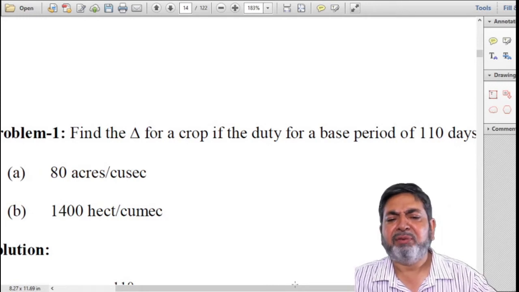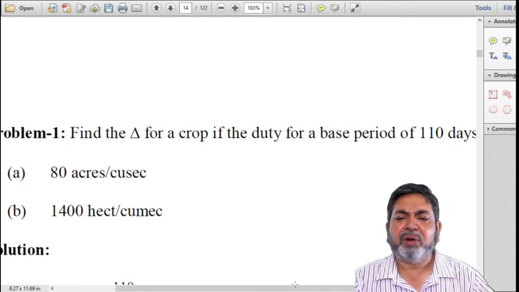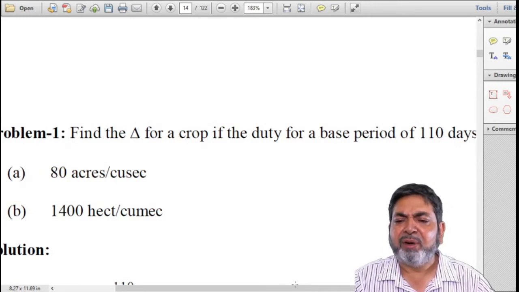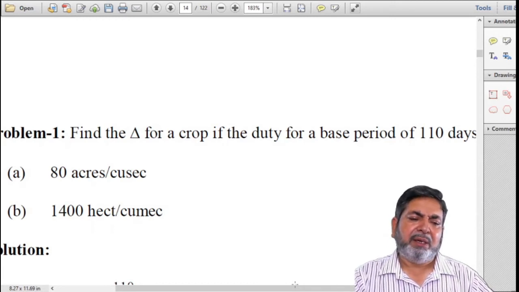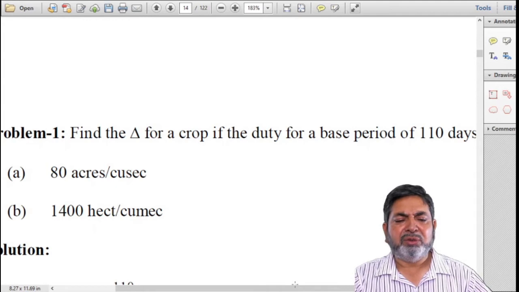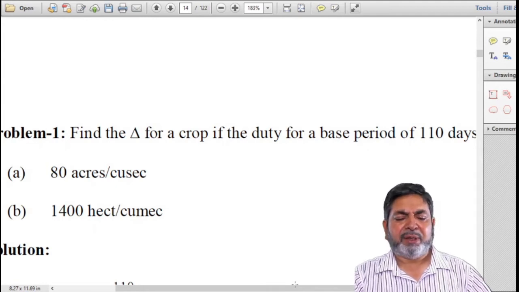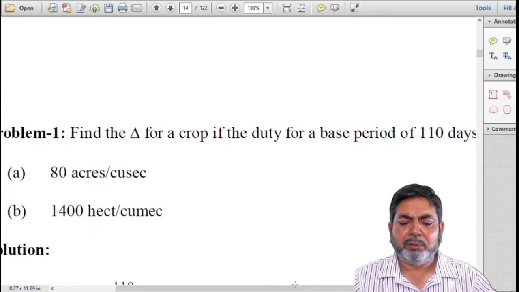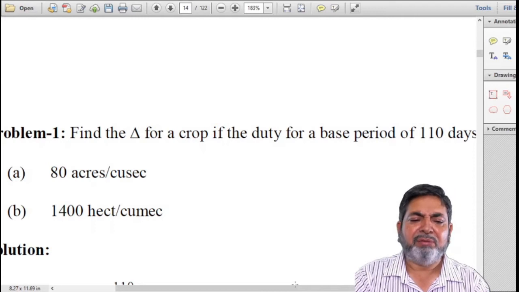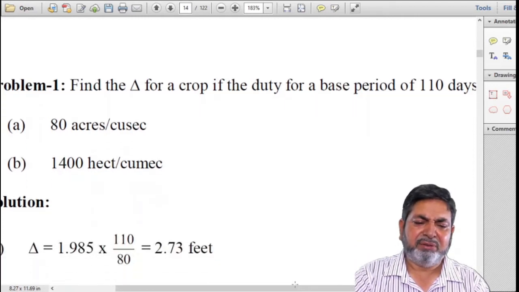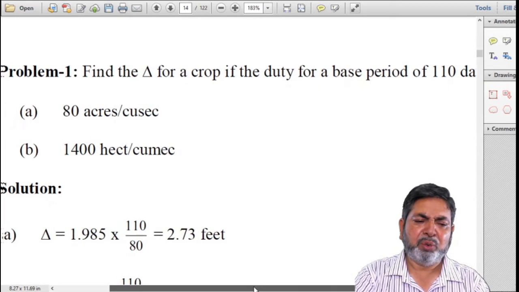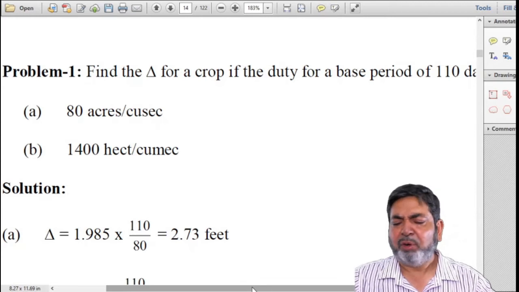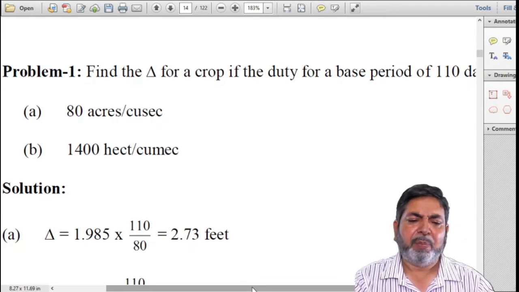Find the delta for a crop if the duty for a base period of 110 days is 80 acres per cusec, and second part 1400 hectares per cumec. Now this we will solve, and this is a very simple problem of substitution. Just substitute the values in the formula and get the answer.